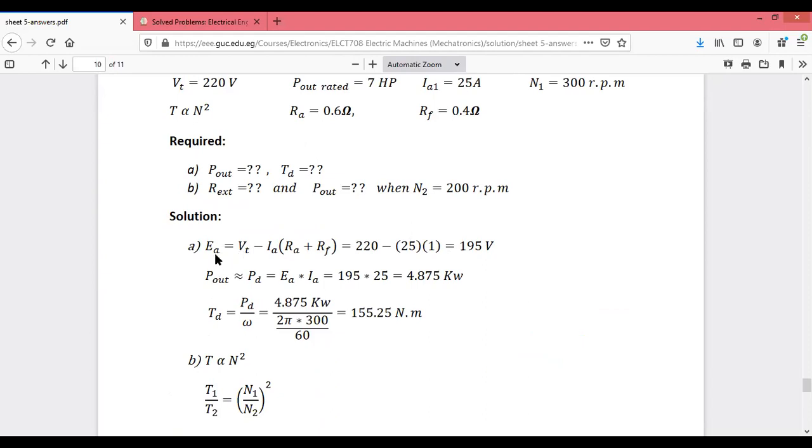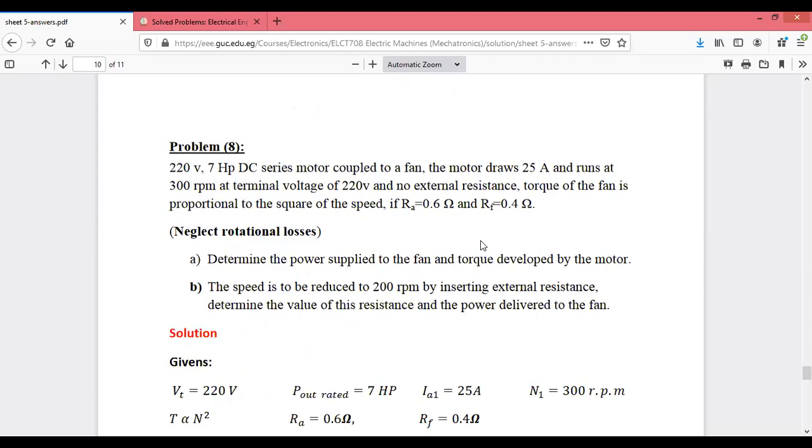Now we are supposed to find the power. We know power is current into voltage, so you can take power equal to EA times IA. We have the value of EA and IA, so you will get that value. But they have asked for the power supplied to the fan, and also the torque.